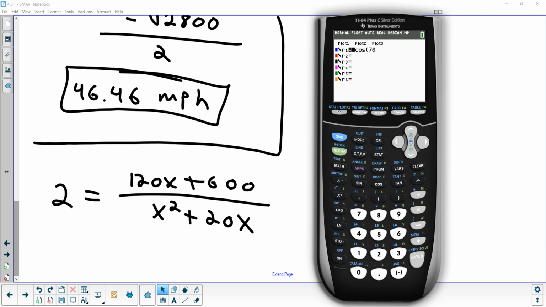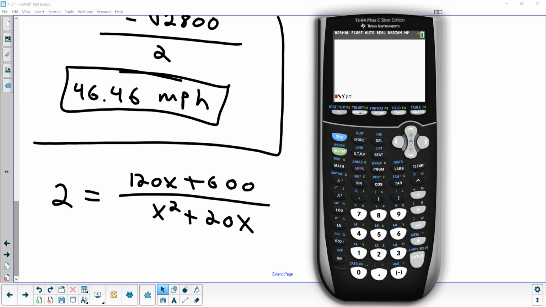Yep. Plug in 120x plus 600 in parentheses, divided by x squared plus 20x in parentheses. For your y2, set it equal to 2.